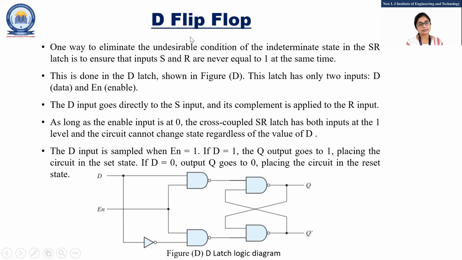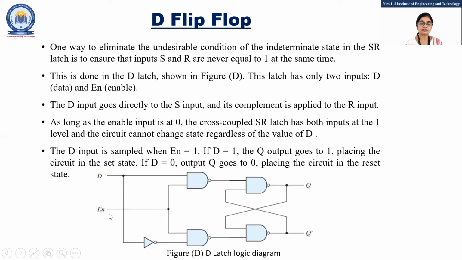Friends, this is known as a latch. Why have I written D latch? This is also known as a flip-flop, but here I have written D latch because in this circuit I am applying an enable input, that is 1. I mean, we will use a level trigger clock pulse here.